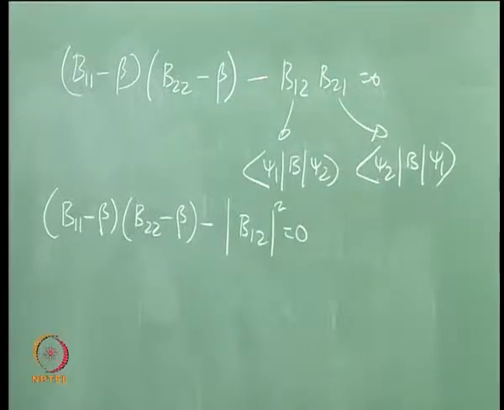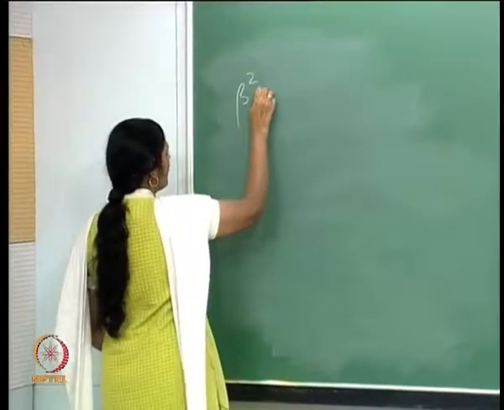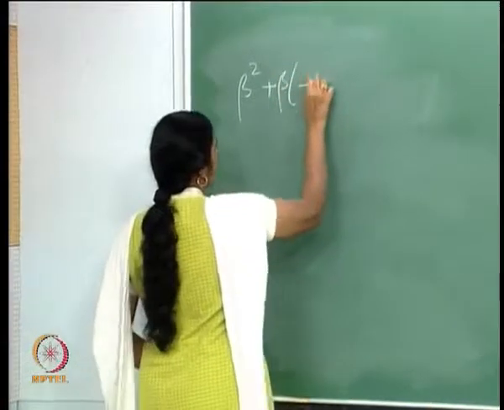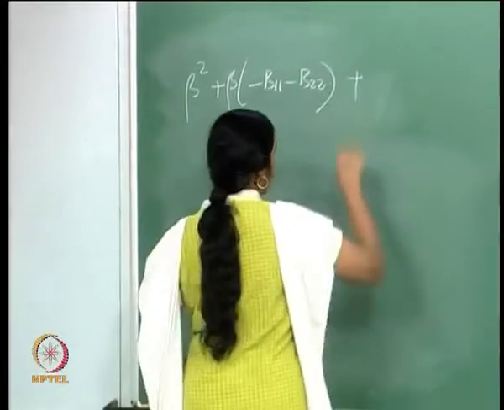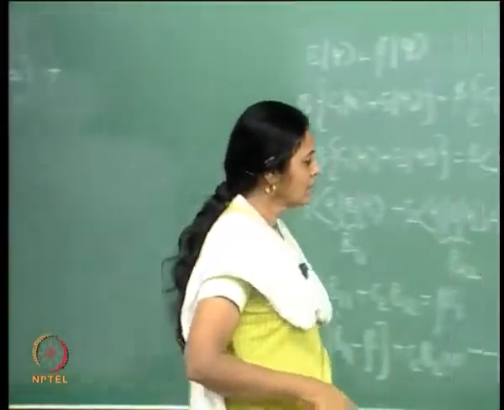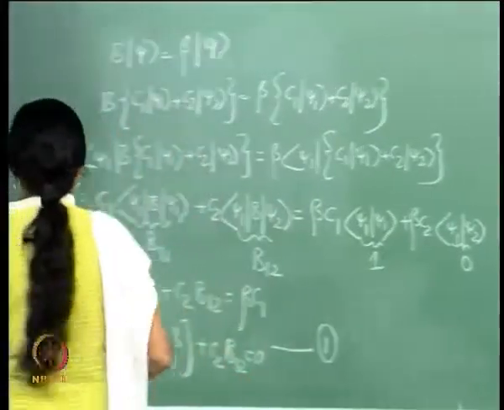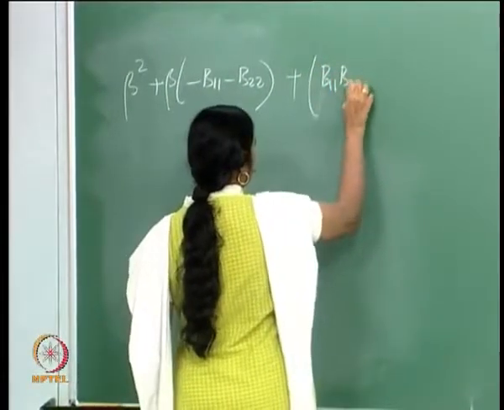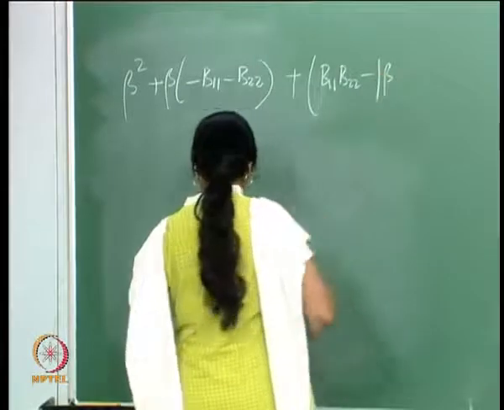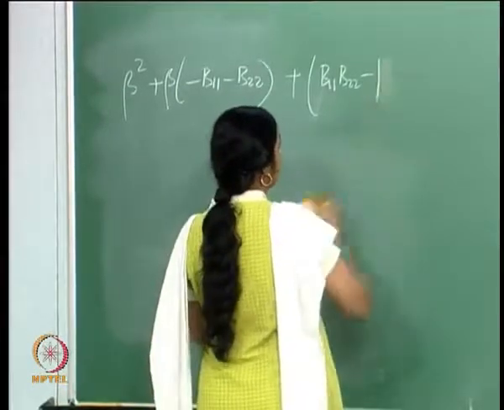so I'll have two roots: beta squared plus beta times minus B11 minus B22 plus B11 B22 minus modulus of B12 the whole square.